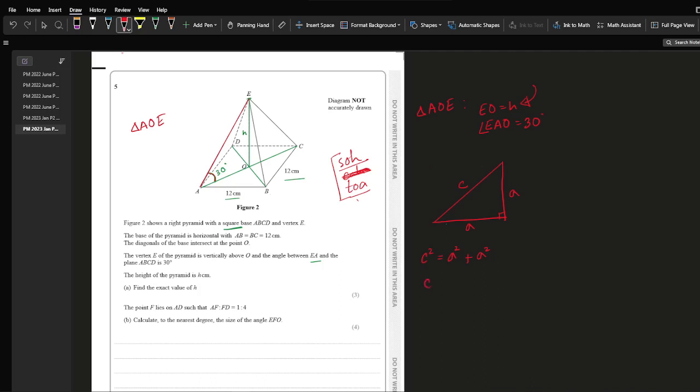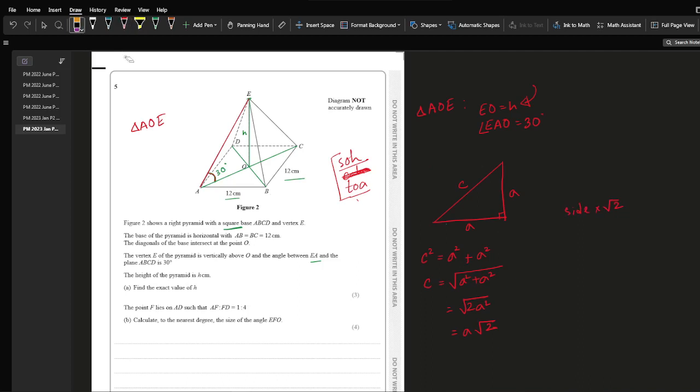So c is the square root of a squared plus a squared, which is 2a squared, and from here we get this, and a means basically side. That's where I got the equation side times square root of 2.